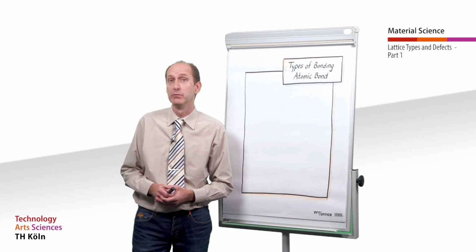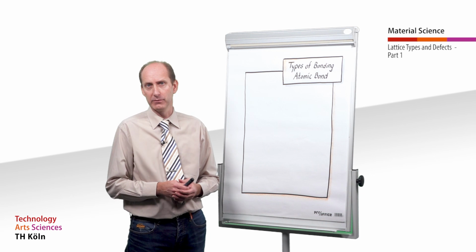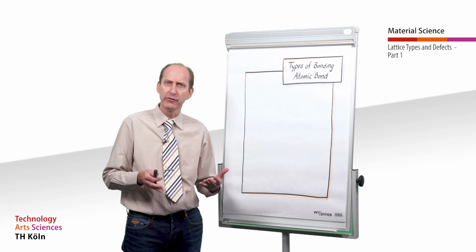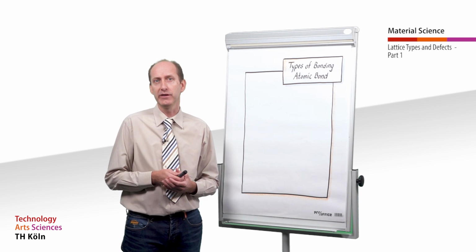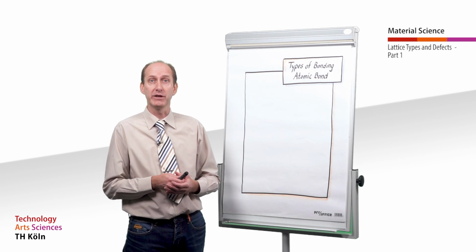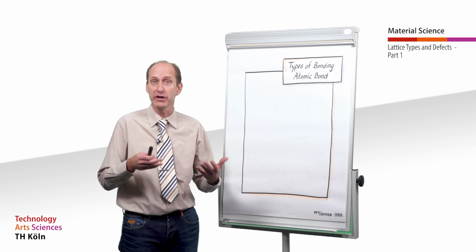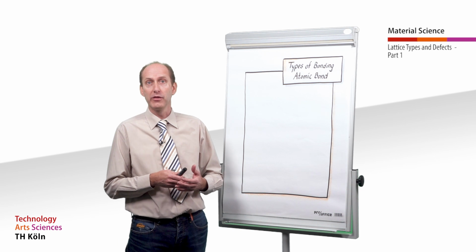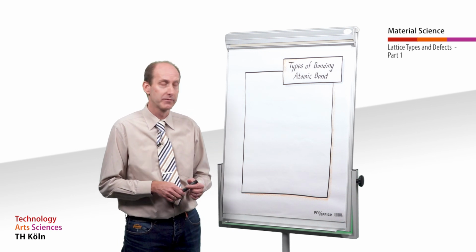If a non-metal atom reacts with another non-metal atom, both atoms strive to gain additional electrons in the valence shell. This can be achieved by electron pair sharing, which we call the covalent or atomic bond.